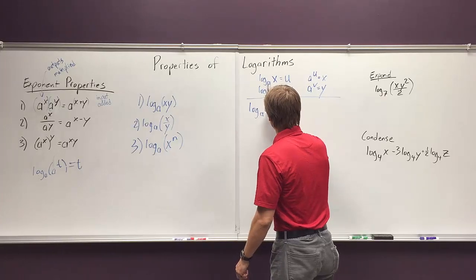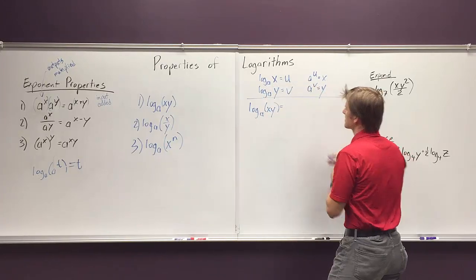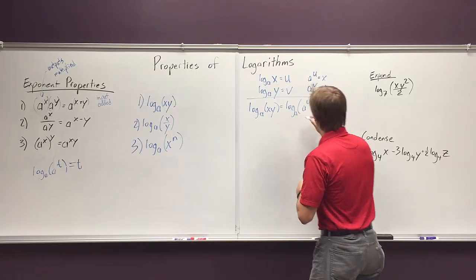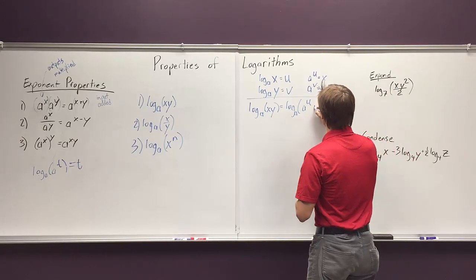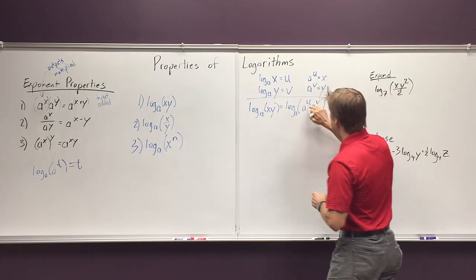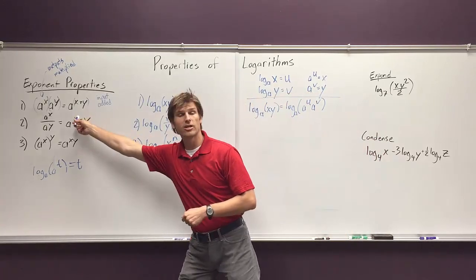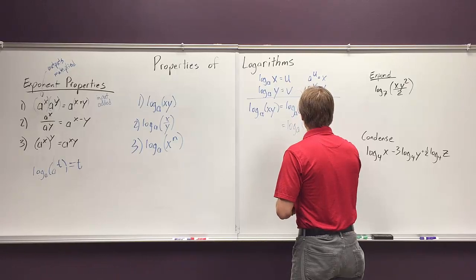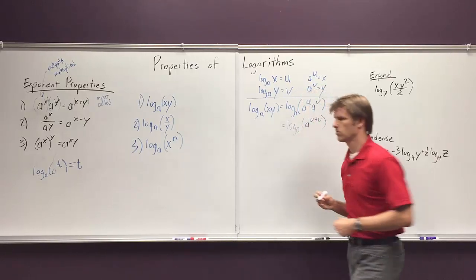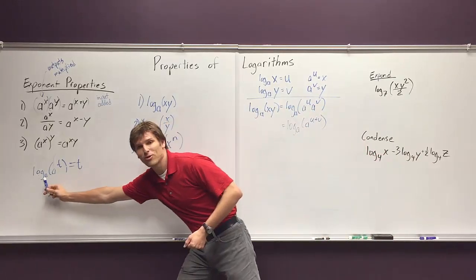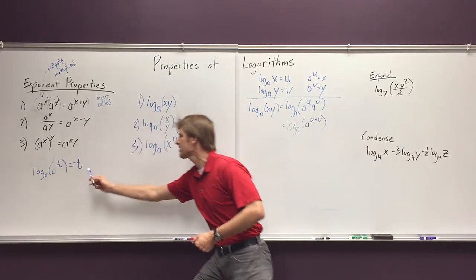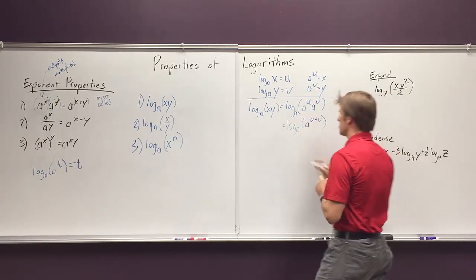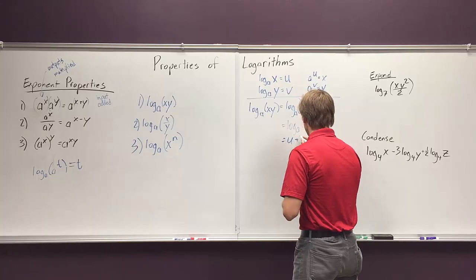So with that, let's think about what this would be. Log base a of xy, well, x is just a to the u. y is a to the v. Well, if you have a to the u times a to the v, remember by exponential properties, that's supposed to be, and always is, a to the u plus v. Well, but remember, this is why I put this in, log base a of a to the anything is just that. These two things undo each other. So log base a of a to the u plus v is just u plus v.